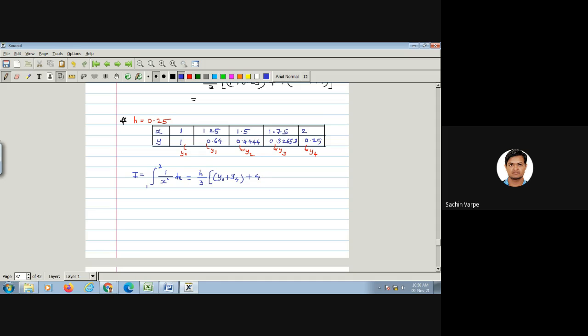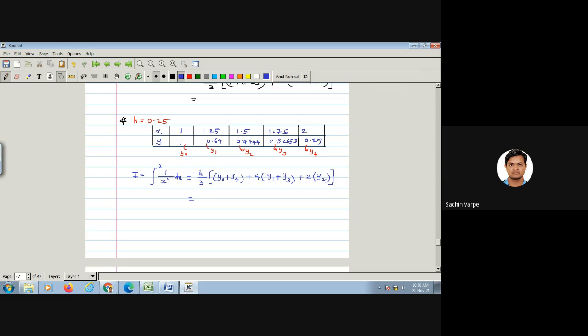What are the even ordinates? y1 and y3. First, second, third, fourth. And plus 2 times sum of odd ordinates. So y2 is the only odd ordinate.